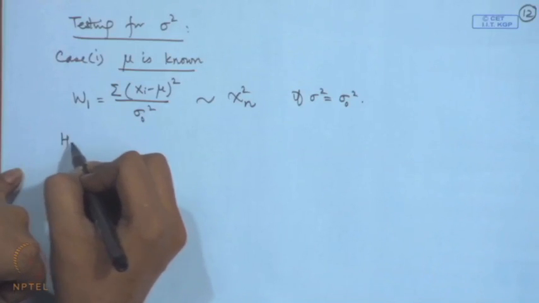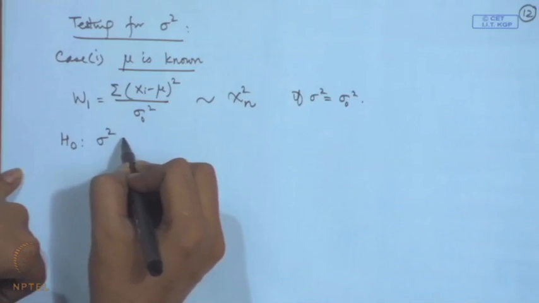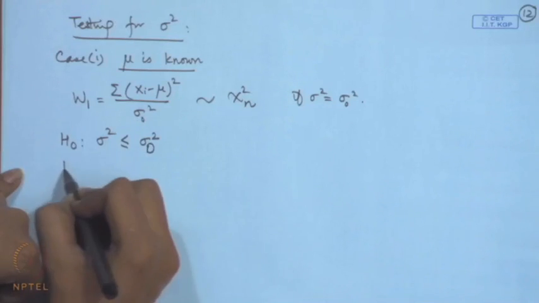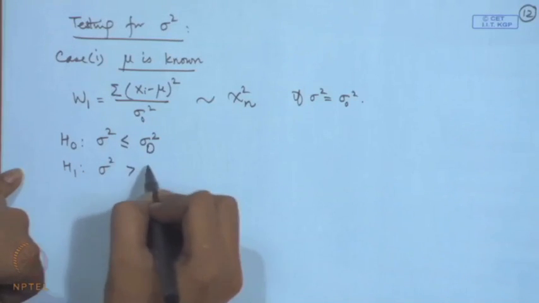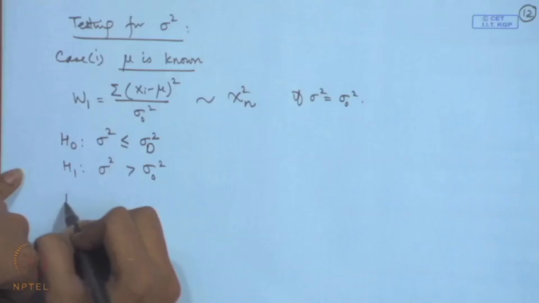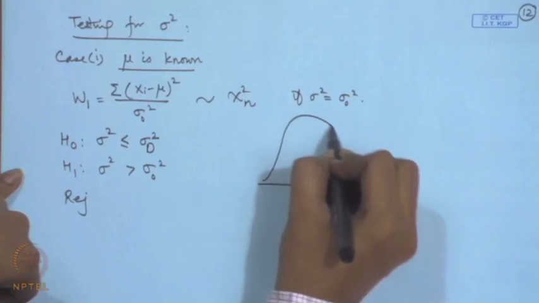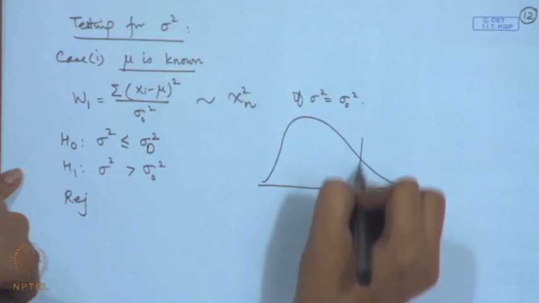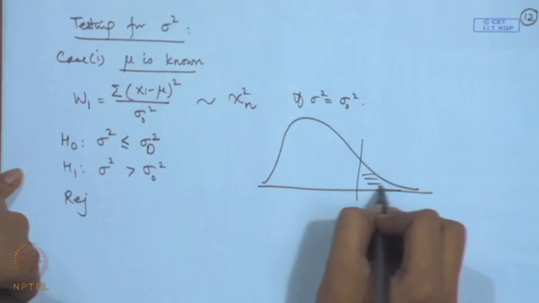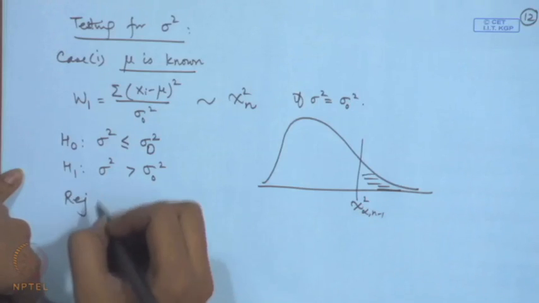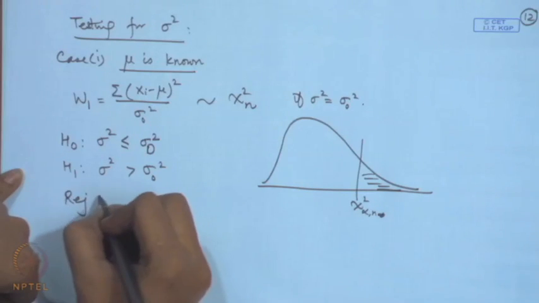So, if we consider the hypothesis, say sigma square is less than or equal to sigma naught square against H1: sigma square greater than sigma naught square, then our rejection region will be, if we consider the chi square curve here, on the larger side. So, chi square alpha, n.